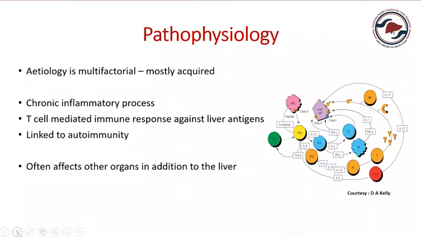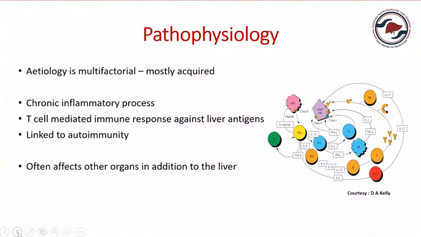Mostly acquired, and sometimes the triggering factor is an infection, vaccination, or maybe a drug which is given for some other purpose. The disease involves a chronic inflammatory process, and the inflammation is mainly governed by a T-cell mediated immune response, which happens against liver antigens.